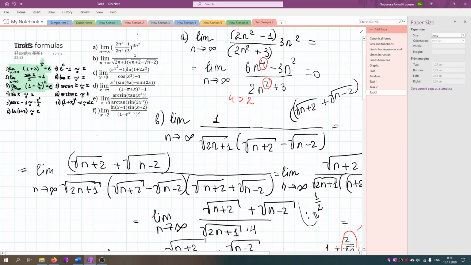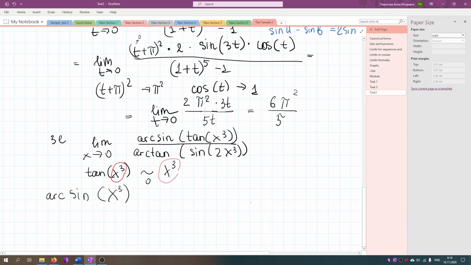And again our formula says that it will be just equivalent to x. And again our argument is x in the third power, so it will be equivalent to x in the third power.